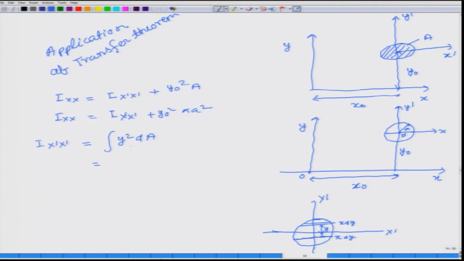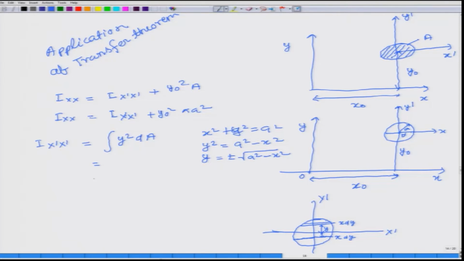So, for that, because we see the circle, the equation of the circle is given by x square plus y square equal to a square. So, y square would be equal to a square minus x square, right. So, y equal to plus minus root a square minus x square. So, for a given value of x, we have two values of y, which is plus y and minus y.